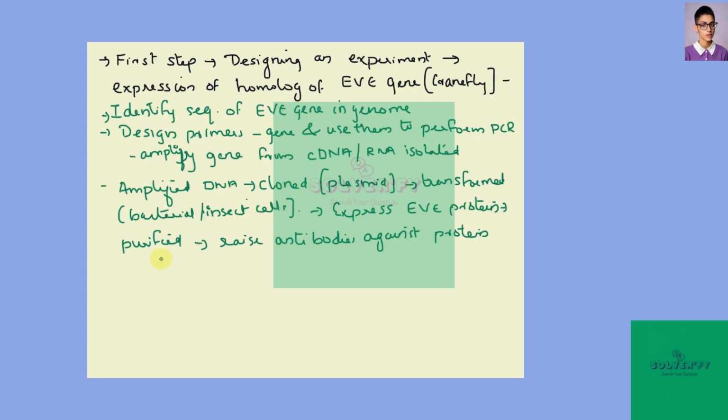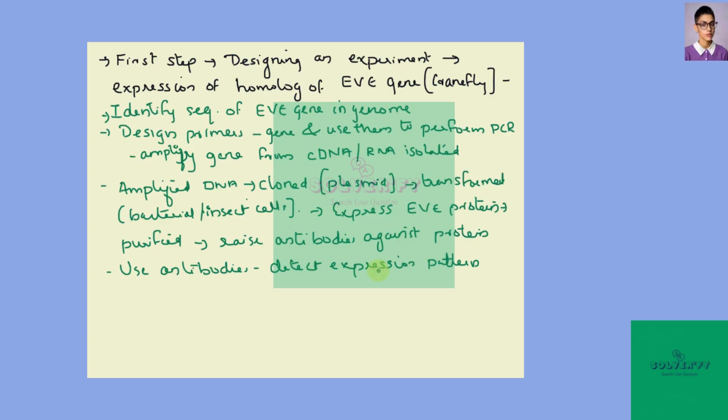The next step would be to use these antibodies to detect the expression pattern of the EVE gene in cranefly embryos.